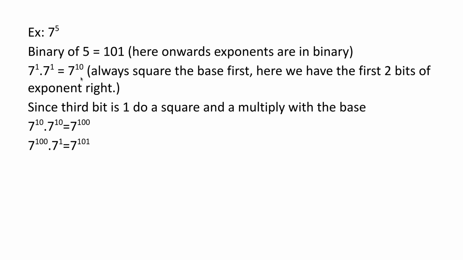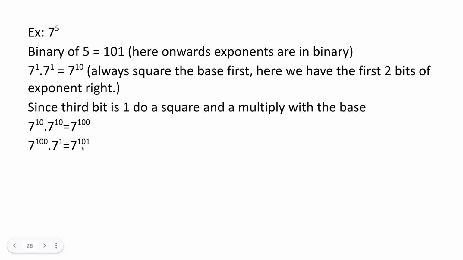Now use this result and again square. So you have 7 raised to 10 times 7 raised to 10, which is 10 plus 10, 2 plus 2 is 4, which is 7 raised to 100. But now look at the third bit. The third bit over here is 1. So a square is not enough, we have to do a multiply with the base also. So this result is multiplied with the base, 7 raised to 1.